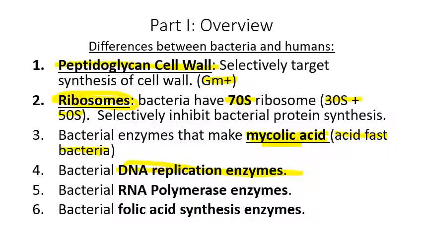And so if you want to replicate it, you have to unwind it before you can make a copy of it, right? And so there's an enzyme that participates in that called DNA gyrase. And humans have a DNA gyrase, and humans have other enzymes called DNA helicases that do this sort of thing. But there's a bacterial enzyme called bacterial DNA gyrase that can be inhibited by certain antibiotics.